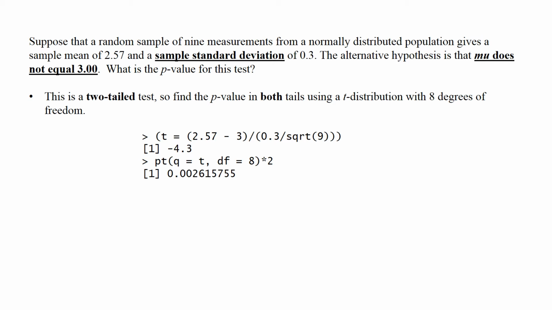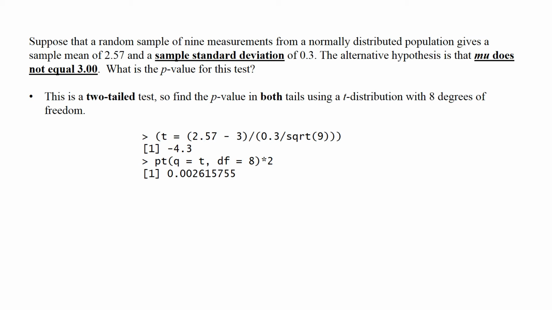Here I use R as a smart calculator for the solution. T equals the sample mean of 2.57 minus the hypothesized population mean of 3, divided by the sample standard deviation, 0.3, over the square root of the sample size. The calculated value of the test statistic is minus 4.3, and I stored this value in an object named t.